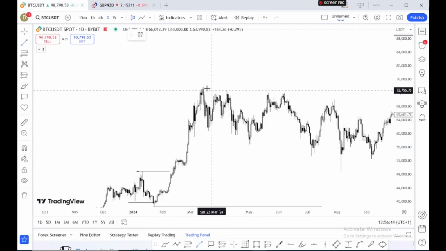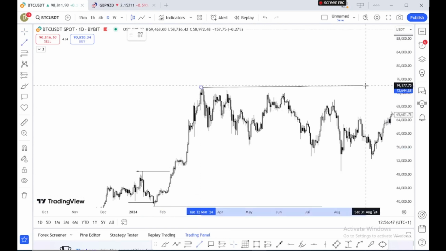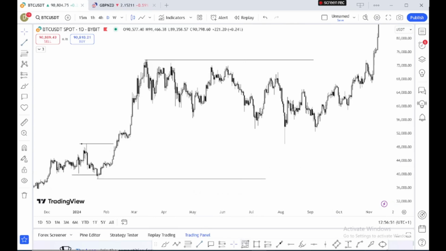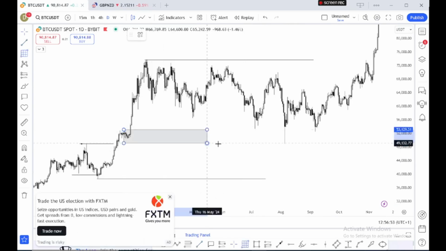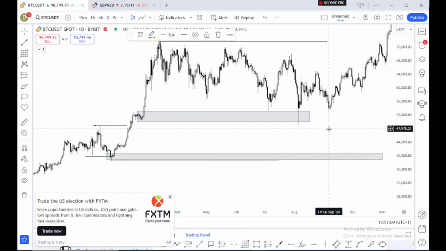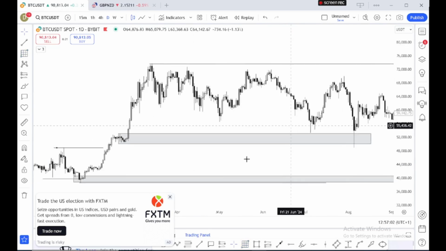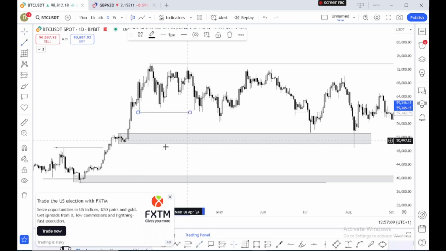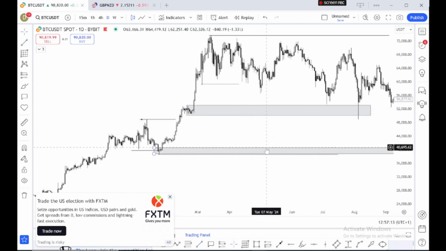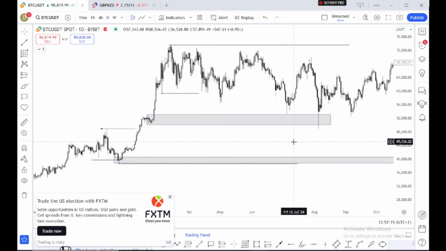When I did this analysis maybe some weeks ago, I said if market breaks this decisional POI, then we are coming down to this extreme, which is about 40,000. So why do I say that? This is what we had here. This is an inducement, a daily inducement. This other block, this decisional, this extreme, this 50-50, this high probability.